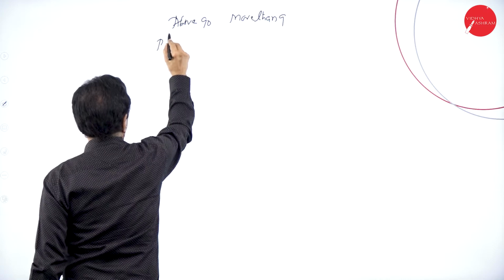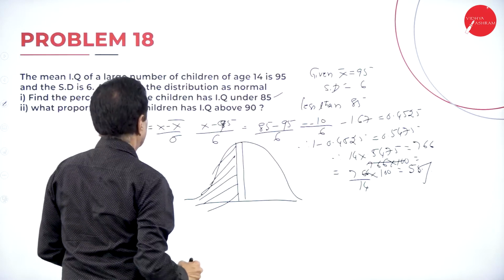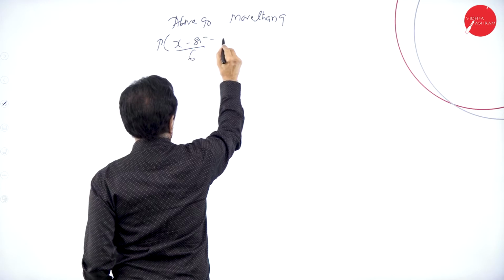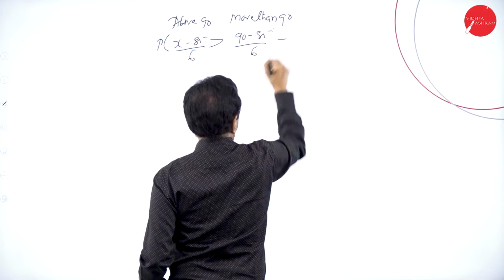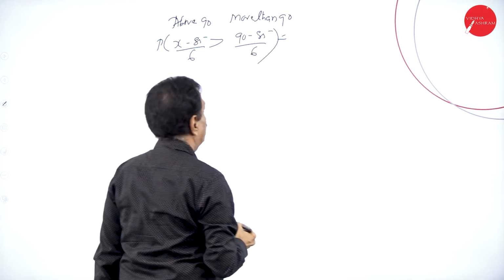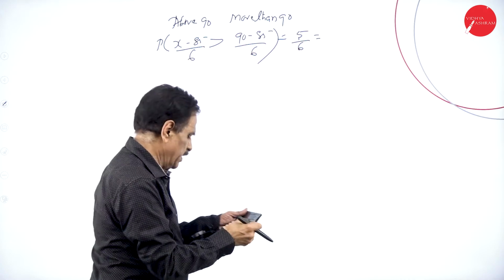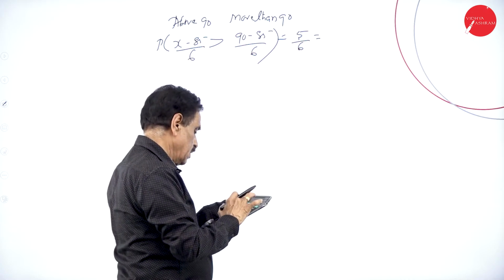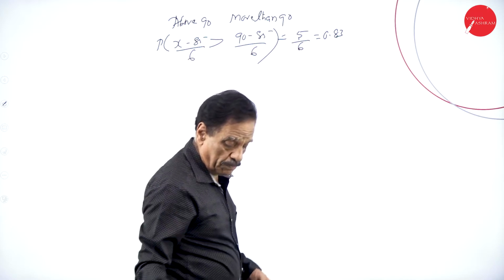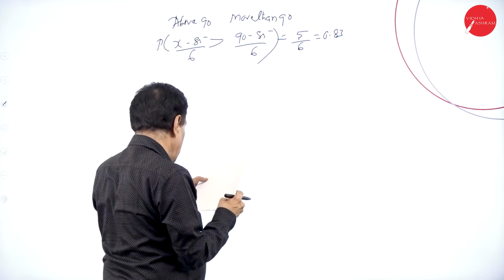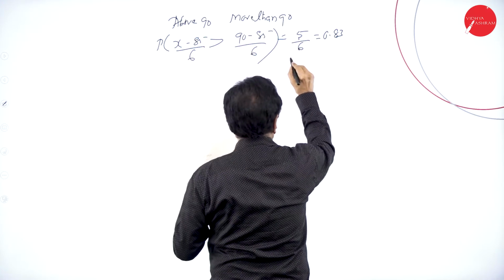Apply P of x minus the mean, 85, divided by the standard deviation, 6, more than 90 minus 85 divided by 6. 90 minus 85 is 5, divided by 6, which is 0.83. So 0.83 is 0.2967 as per the table.